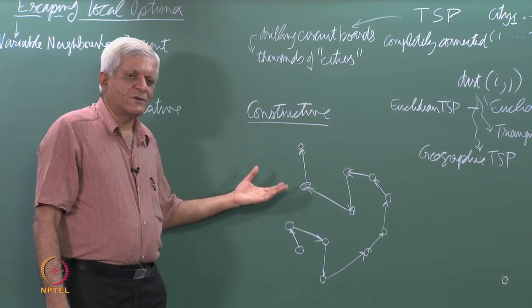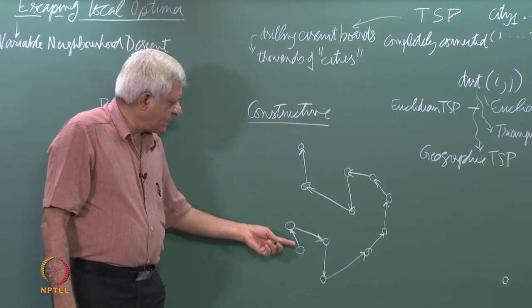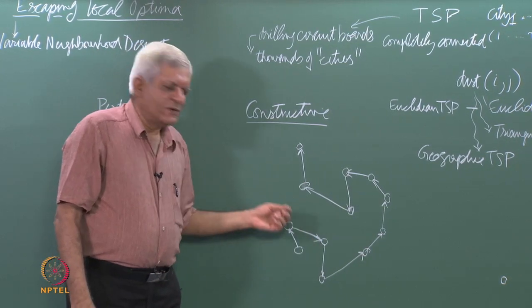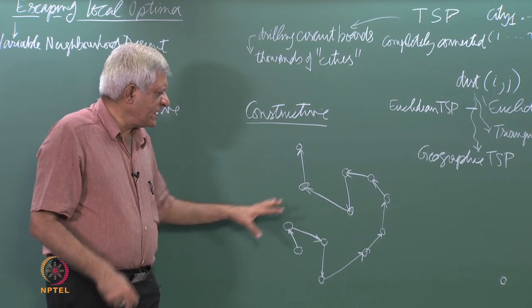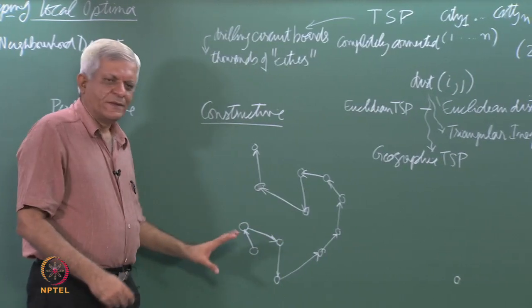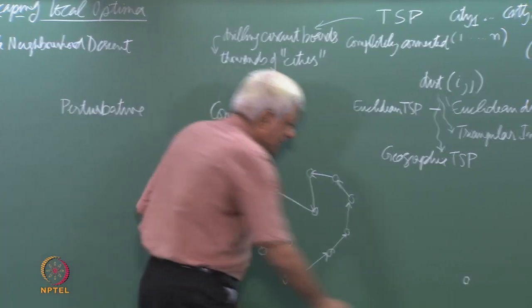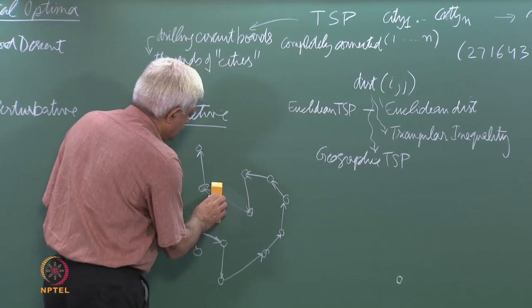Now, a simple variation to this is that instead of going like this, you can think of extending your tour. At any given time you have a partial tour, right. Let us say we have done only till this much.